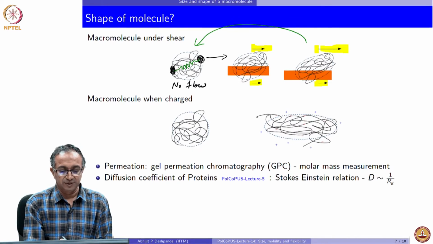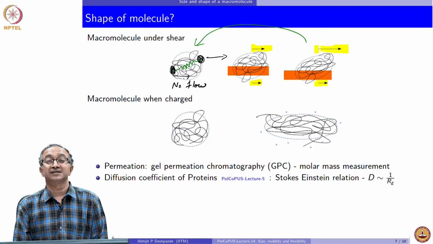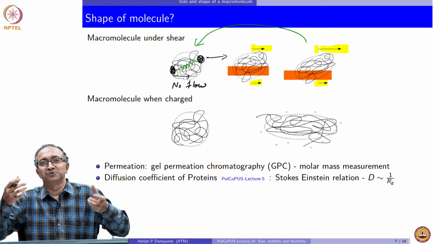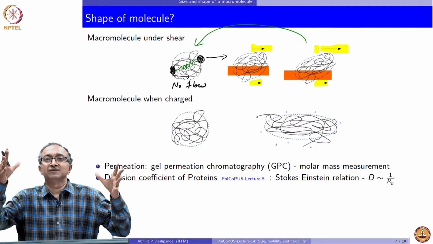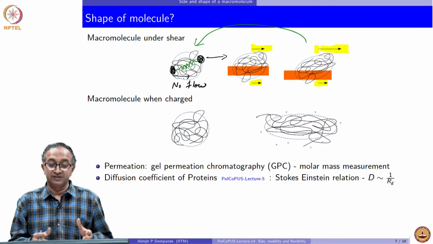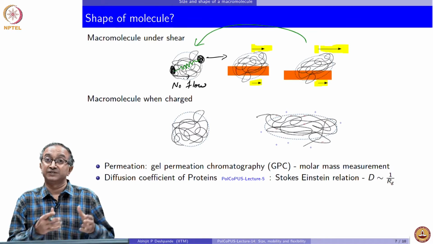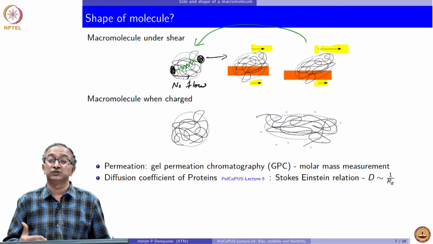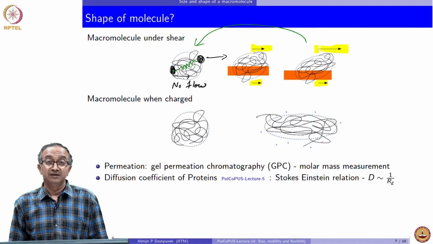One part of the spring has to move faster than the other part, so spring starts getting stretched, it starts getting oriented. As soon as you leave the flow, then again spring wants to come back, and so stretching orientation of a single macromolecule is the key to understanding viscoelasticity of polymeric materials.